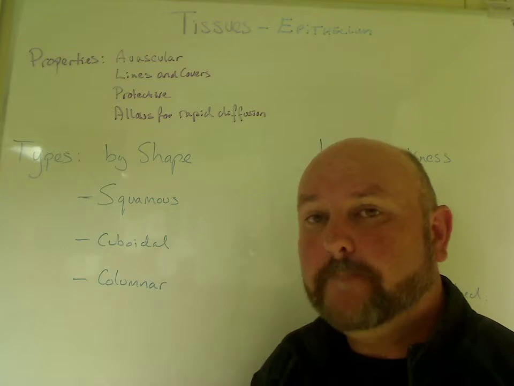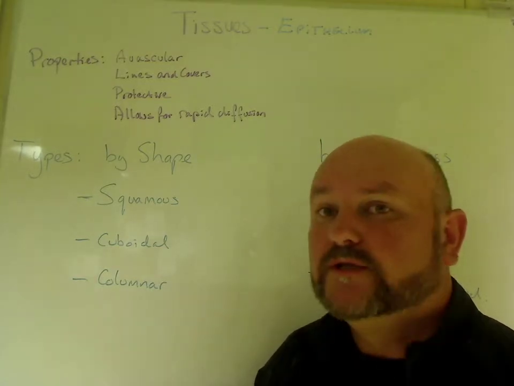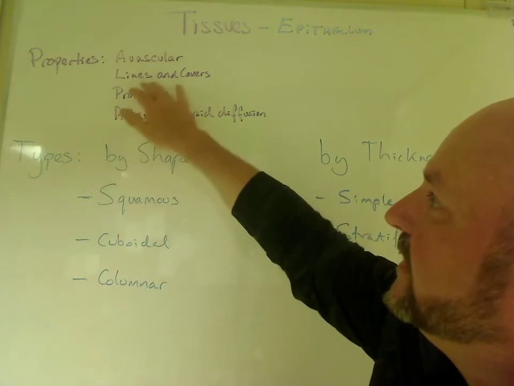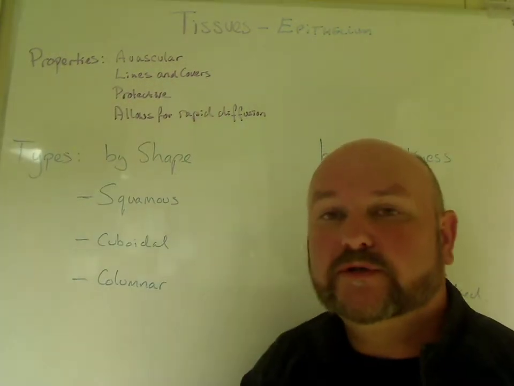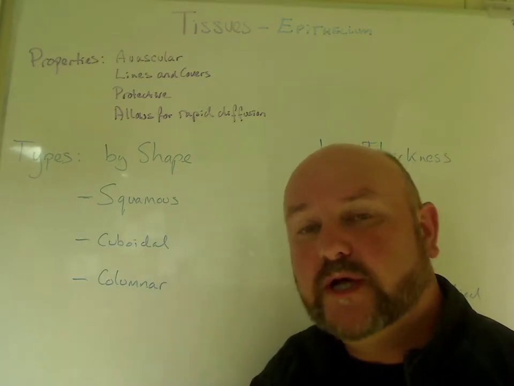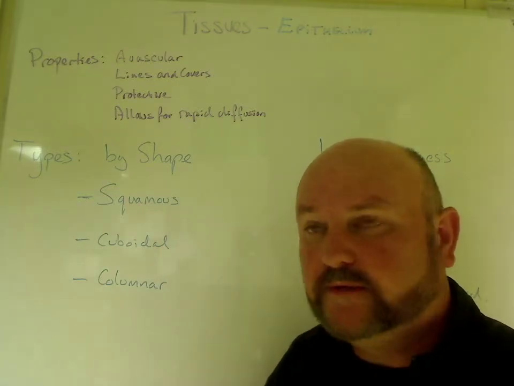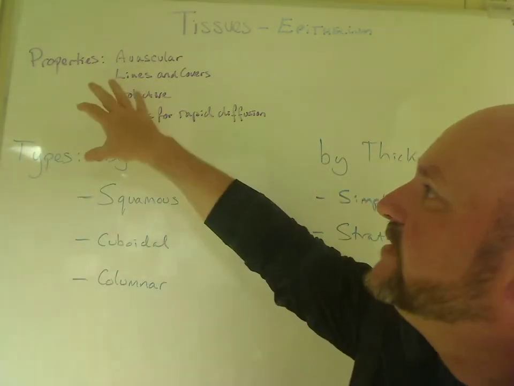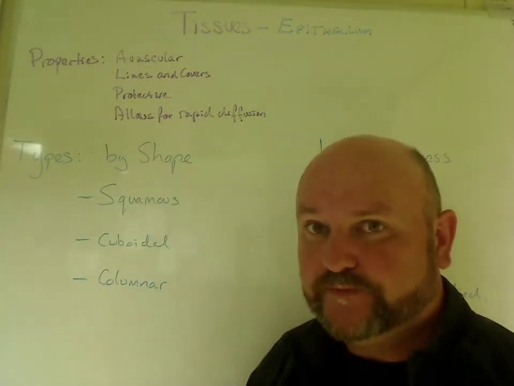So when we're talking about a membrane, we're talking about the epithelial tissue. So if it's lining and covering all of our body organs, all of our cavities, and also on the outside, meaning our skin, this is also epithelia, then it's going to have a series of properties associated with it.